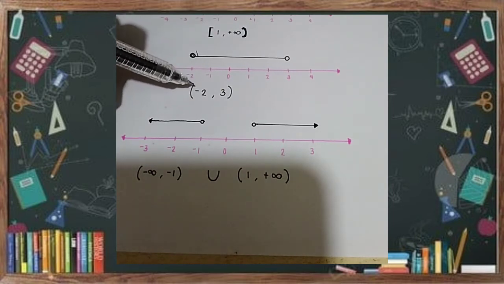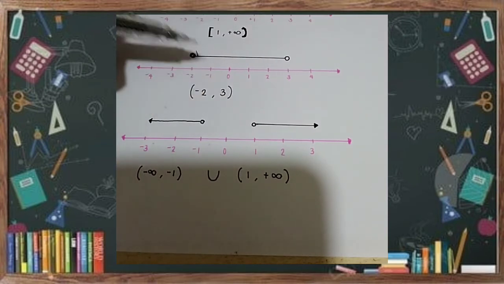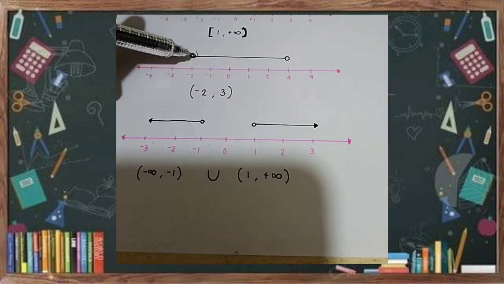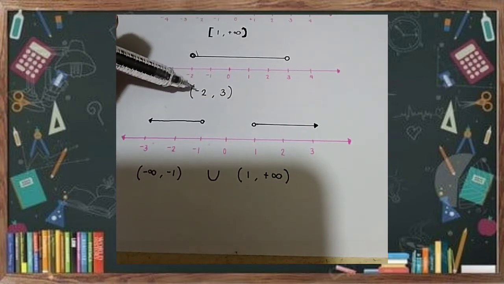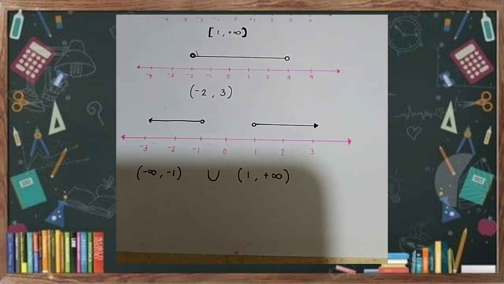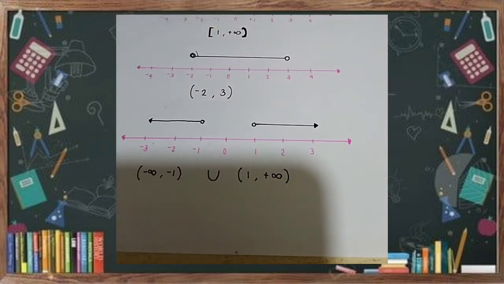So, open interval negative 2 and 3 open. Okay. So, ibig sabihin, hindi kasali yung negative 2 at 3 dun sa solution ng ating inequalities. Okay? So, ibig sabihin, sa numbers negative 1, 0, 1, 2, ay pwede nating solution dun sa ating inequalities.